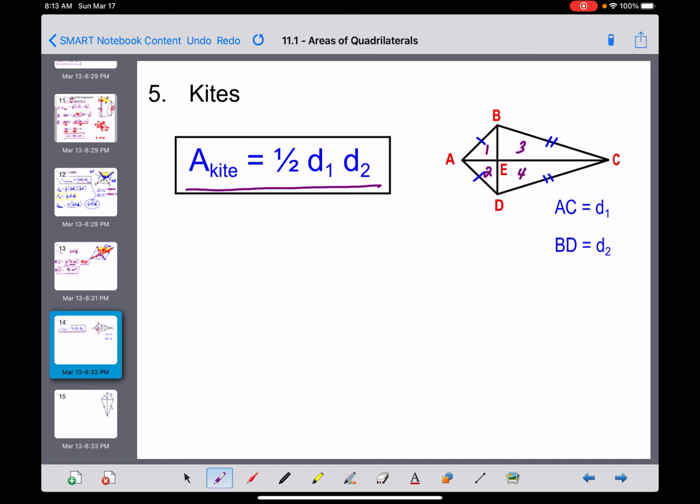They're not all 4 congruent to each other. 1 and 2 are congruent, and then 3 and 4 are congruent, but I think I'm going to spare you guys me walking through where that formula comes from. Exact same formula here for area of a kite that we had for a rhombus. And once again, the D's stand for diagonals. AC is diagonal 1, BD is diagonal 2. Makes no difference which one you put where, since we're just multiplying these 2 numbers together.